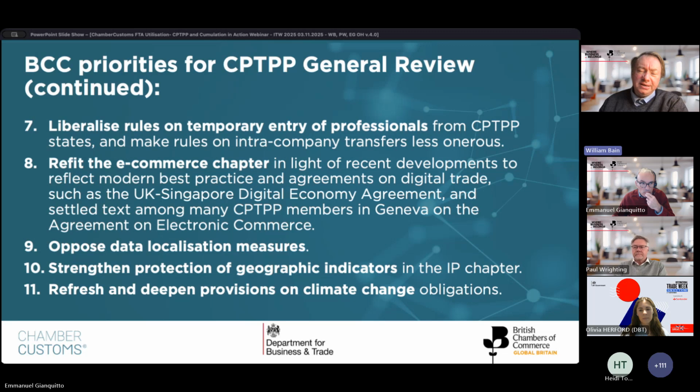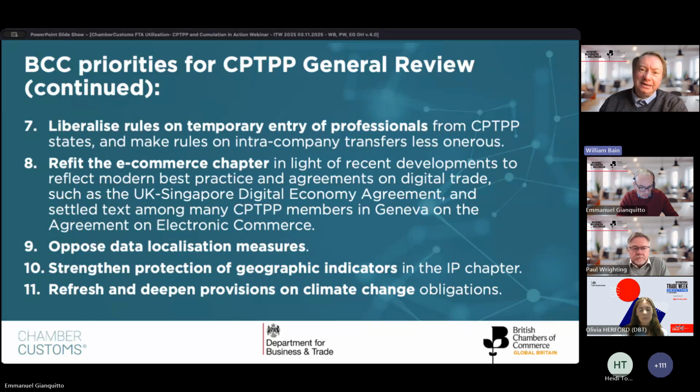We also hope the Secretariat will come forward with proposals to refit the e-commerce chapter. We know that this is one of the huge frontiers in terms of goods trade internationally right now. There's an e-commerce agreement which has been put on the table for adoption in Geneva through the World Trade Organization, a plurilateral agreement. And CPTPP should reflect the growing importance of having the best e-commerce provisions in terms of this review as well.